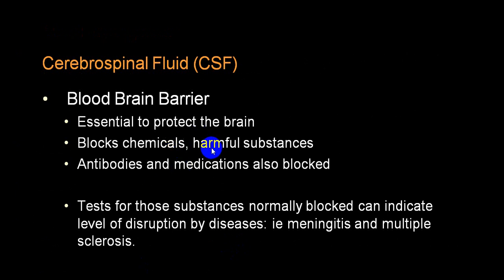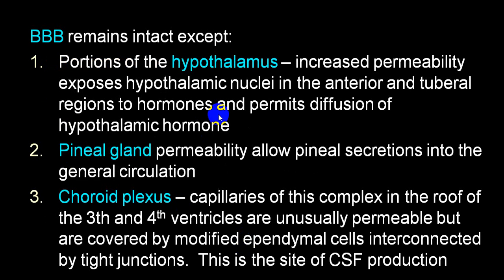It blocks chemical and harmful substances, antibodies, drugs, etc., so that you don't get a deleterious effect on the neuronal substance present in the cerebral hemisphere. The blood-brain barrier remains intact except at the level of the hypothalamus, pineal gland, and at the level of the third and fourth ventricle in the choroid plexus.